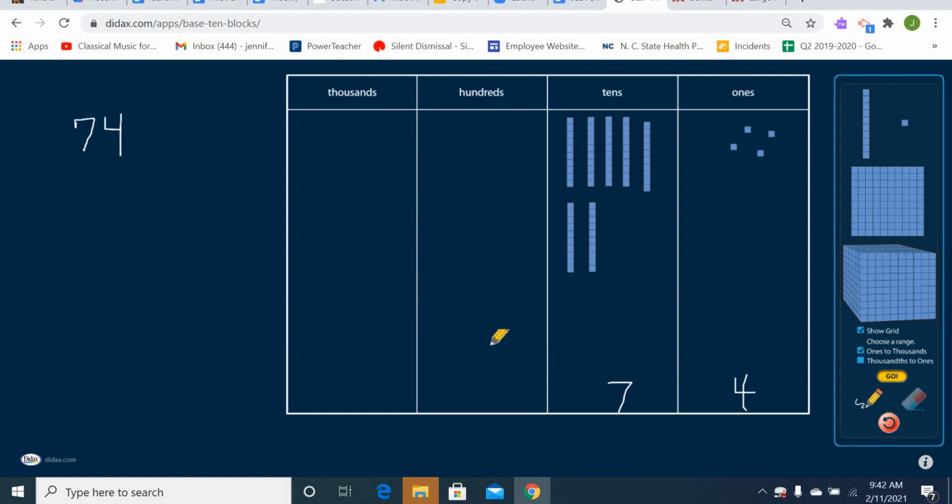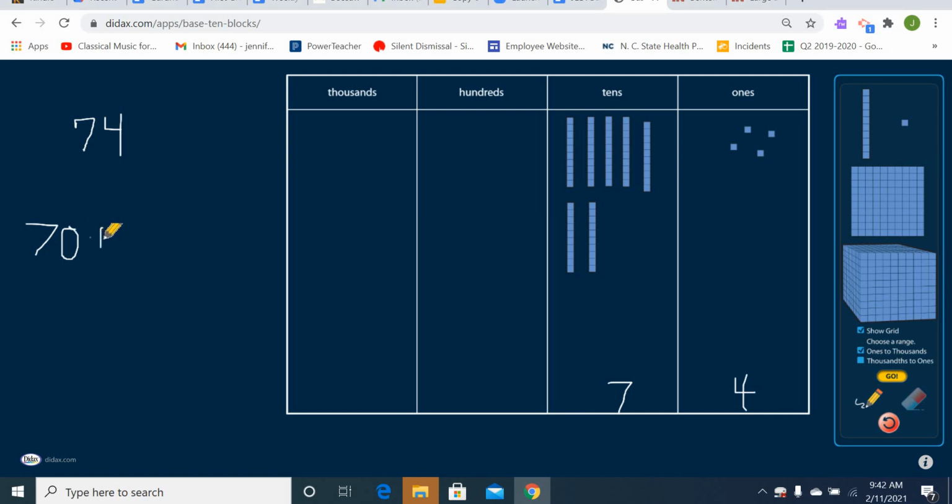Okay, let's go back and look at 74. My 7 is in my tens place, so my value of 7 is 10, 20, 30, 40, 50, 60, 70. So I am going to write 70 first, because my value of 7 in 74 is 70.